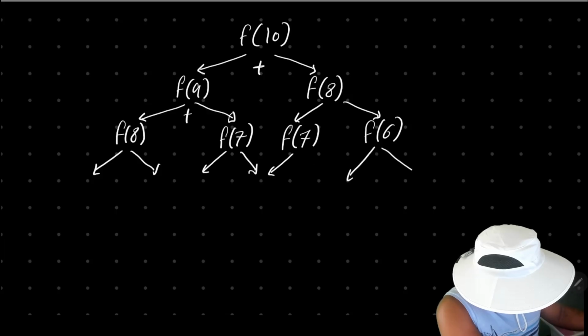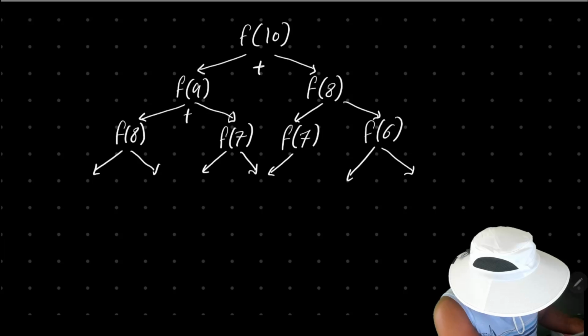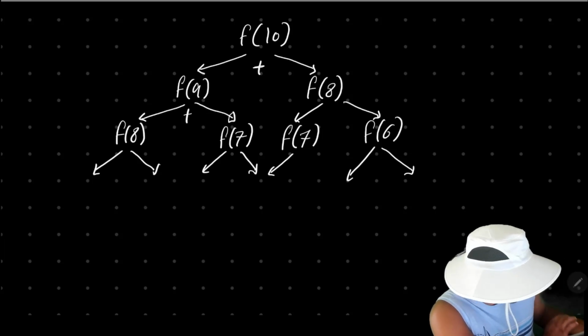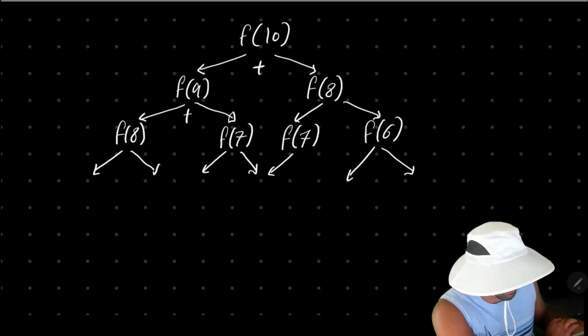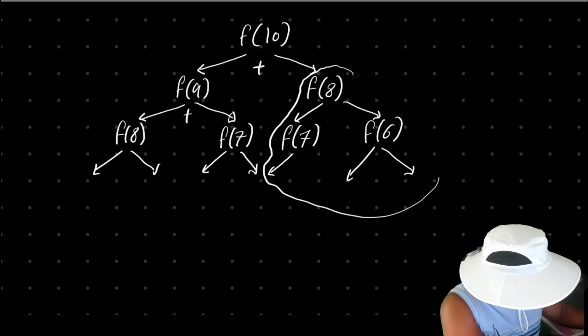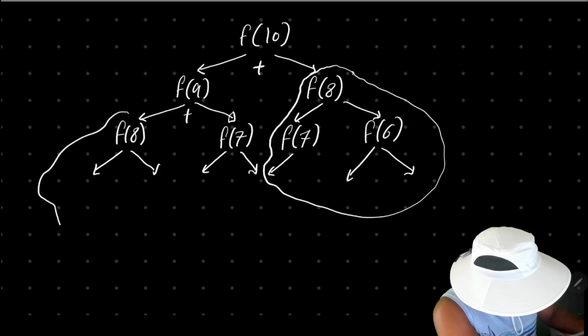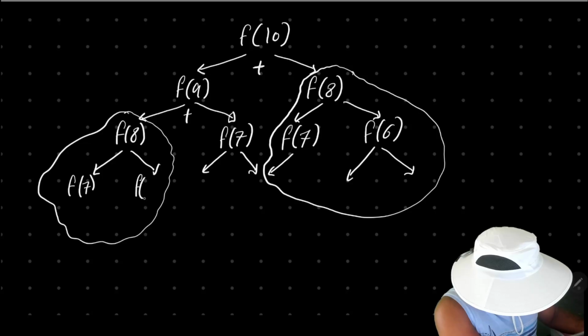Okay, so what's the issue here? There are actually a couple of issues. One of the biggest issues is that we're repeating the same subproblems over and over. Why is that? If you look at this subtree, which is calculating f of 8, we're redoing the same subtree over here. Here, for example, you're going to have f of 7 again, and f of 6, and you need to do the summation.